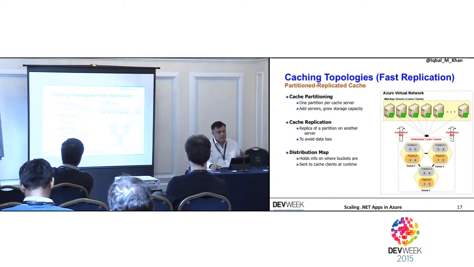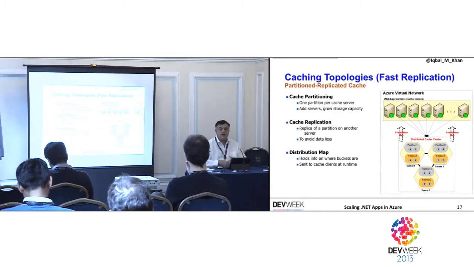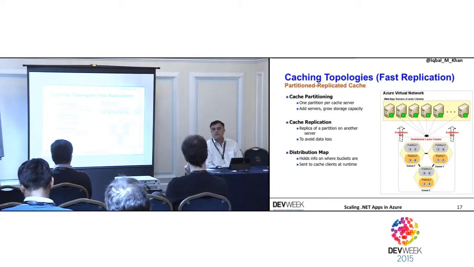So again, distributed cache should provide partitioning. If it doesn't provide partitioning with replication, then it's not going to address the needs that we talked about, those 4 goals. So partitioning means that the entire cache is partitioned.